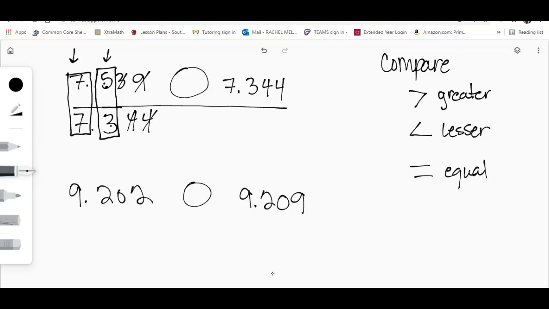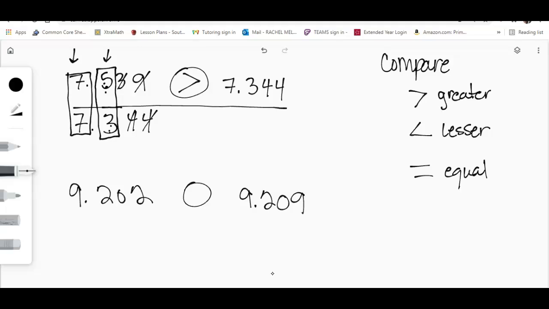If the digit in the tenths place tells me which one is bigger, then I don't have to look at the hundredths or the thousandths. So that tells me that 7 and 539 thousandths is greater than 7 and 344 thousandths. And there's my number sentence, because I would read it just like that.